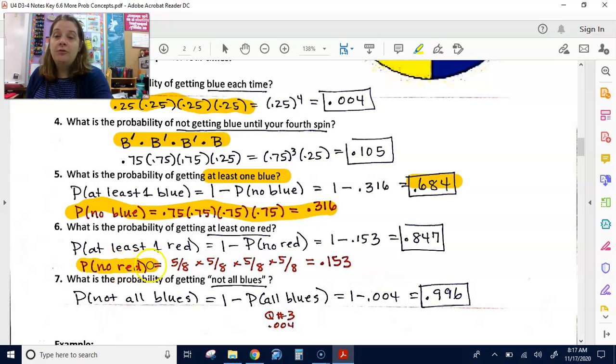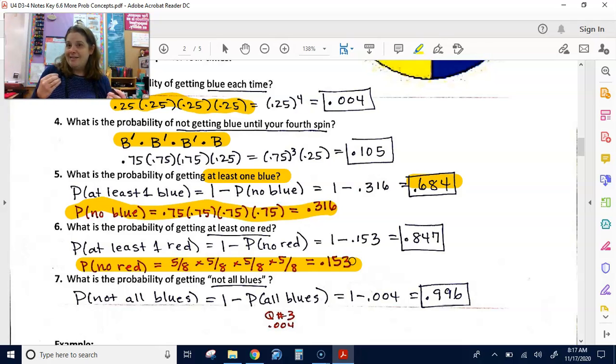There are 3 reds on the spinner, so the probability of getting no red would be 5 out of 8, 5 out of 8, 5 out of 8, 5 out of 8, which is about 15%. So the chance of getting at least 1 red would be everything else. We take 1 minus that probability to get our answer of 0.847.